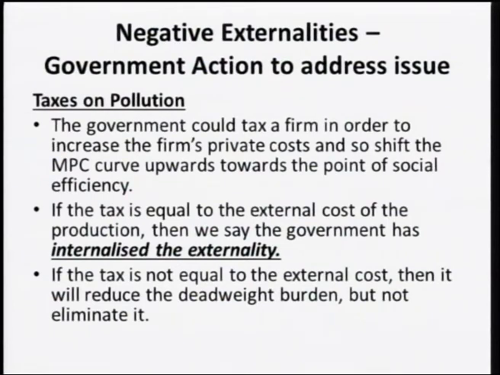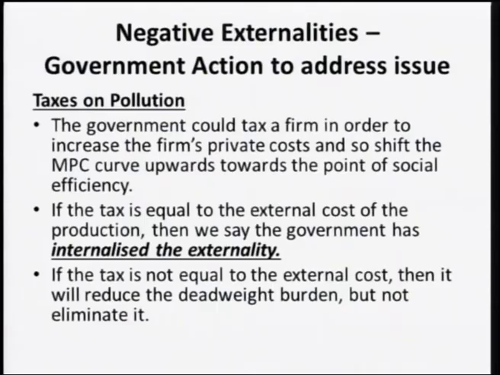To internalize the externalities, or to solve the problem of the negative externalities of production, the government can impose taxes. So let's discuss how the government can internalize this situation. The government could tax a firm in order to increase the firm's private cost.